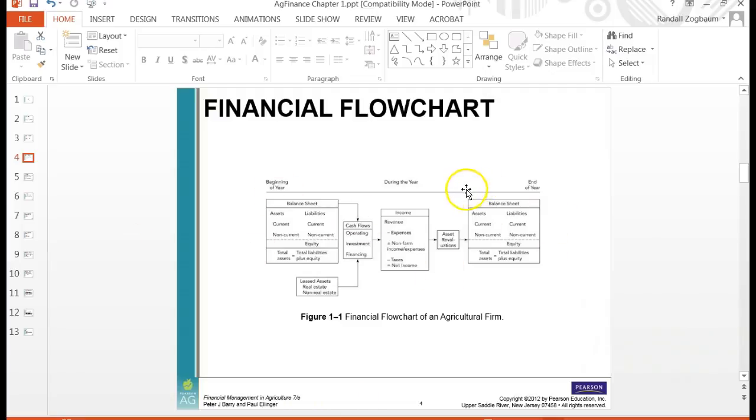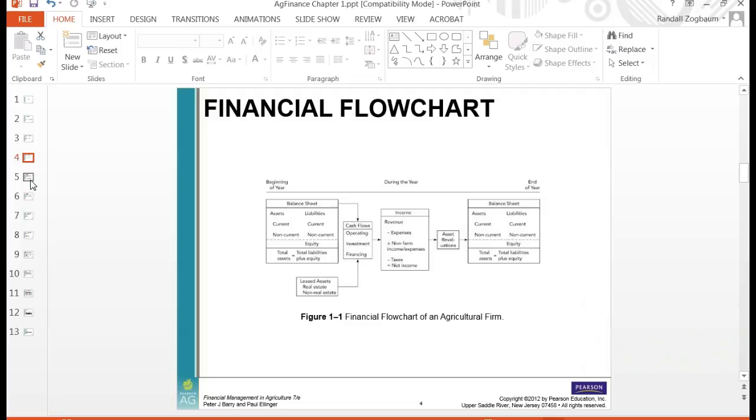This chart is just something that helps me wrap my mind around what we're trying to do in this first part, which is building these tools that allow us to take a closer look at our farm on the ag financial management tool, which we'll go over in a second. The financial dashboard on there is taking bits and pieces of all of these sheets, all of these financial tools, and doing some analysis, running ratios, balancing out.